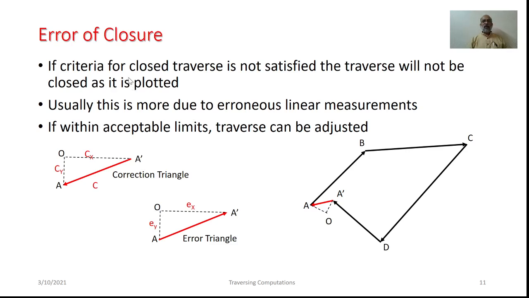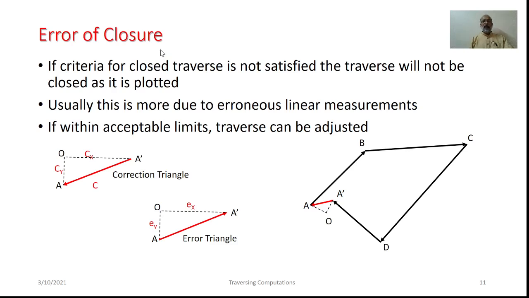If for a closed traverse the criteria is not satisfied, the traverse will not be closed as we plot. Here, the criteria is nothing but that the algebraic sum of latitudes should be equal to 0, as well as the algebraic sum of the departures should be equal to 0.